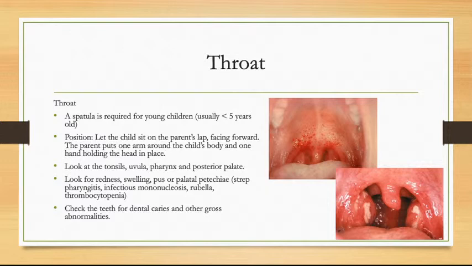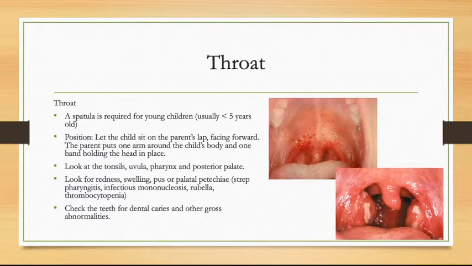And again, the parent puts one arm around their body and one hand on the forehead to hold the head in place. You should ideally do this examination quickly to not prolong the kid's suffering, but sometimes you'll just have to push the spatula in, because otherwise you won't be able to see anything.